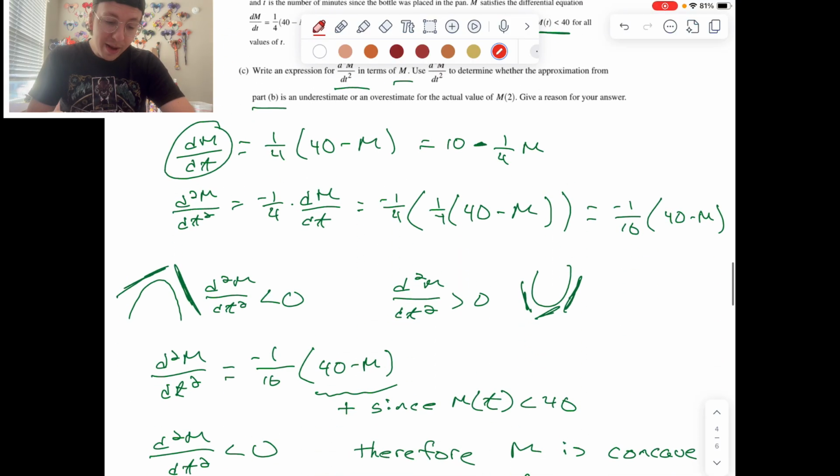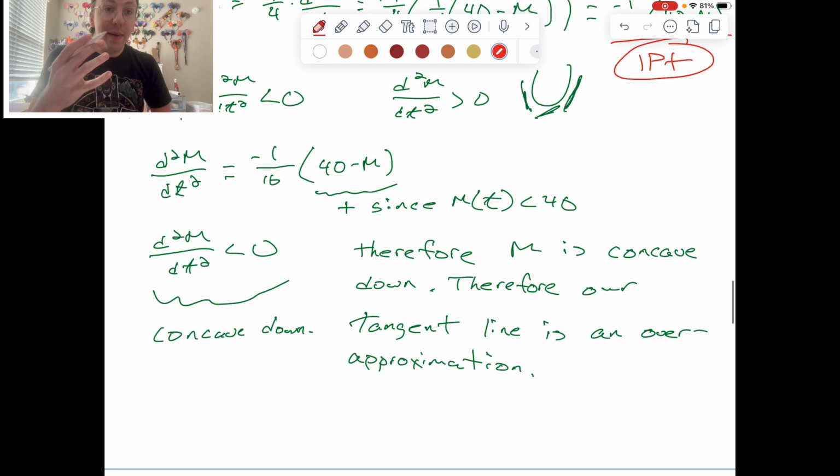All right, let's talk about part C. Part C, you also got 2 points. You got 1 point if you found the correct second derivative in terms of m. Your last point came from your explanation that it is an over approximation because our function is concave down.